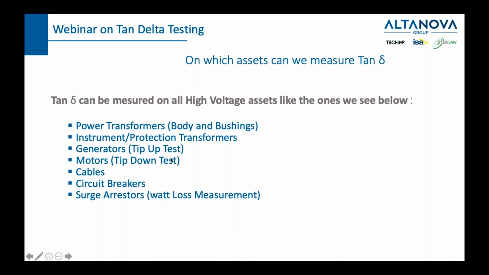We go up and then we go down, and we want to see the same values. On cables, on circuit breakers, and also on surge arresters, where we use a watt loss measurement. Also on circuit breakers, we mostly use watt loss measurement, and these are some of the most important primary equipment, and on all of them, you can do a tan delta test.